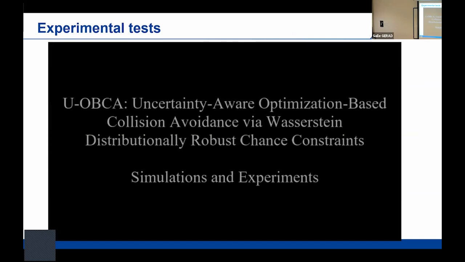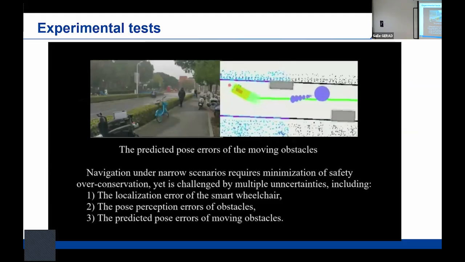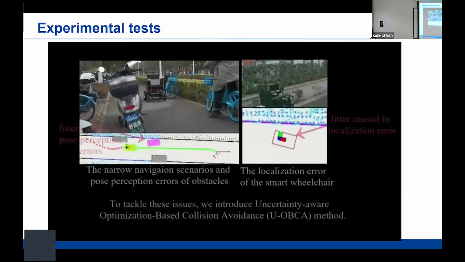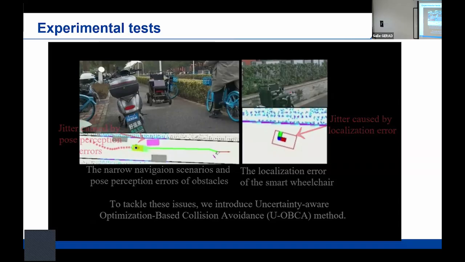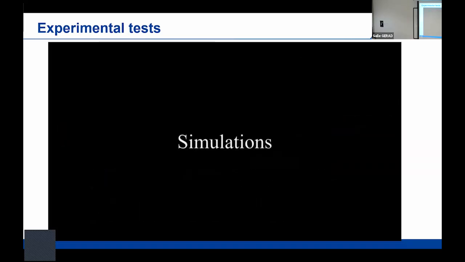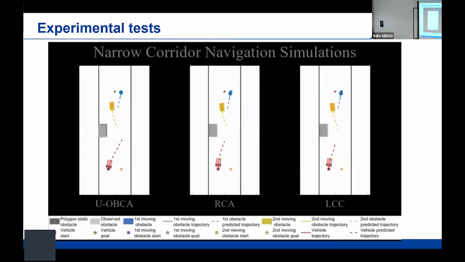And then we do some experimental tests with the real robot, our intelligent wheelchair. There are some estimation errors on the future trajectories, and we are parking it in an extremely narrow parking spot.